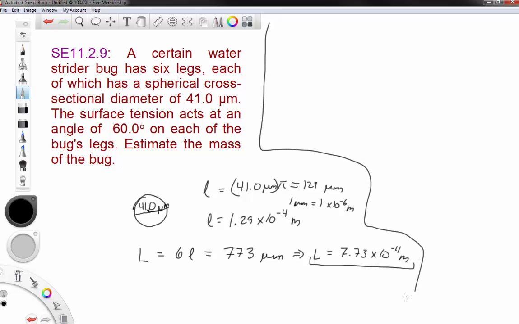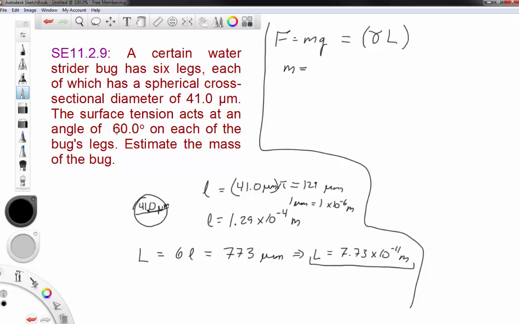Now, the force should be the mass of the bug times the free fall acceleration, and that should also equal the surface tension times the total length. So the mass should be, now we've got to be careful here. We can't just say surface tension times length. We're going to call this surface tension times length times this factor at which the surface tension is acting.